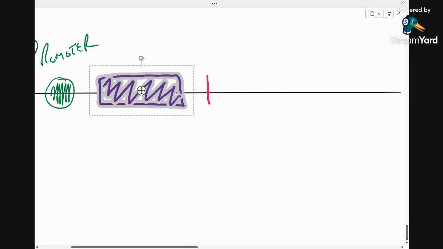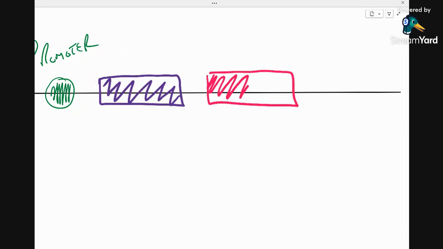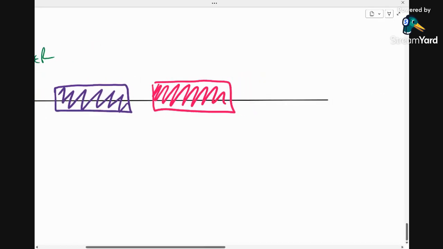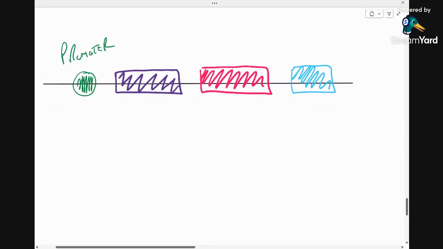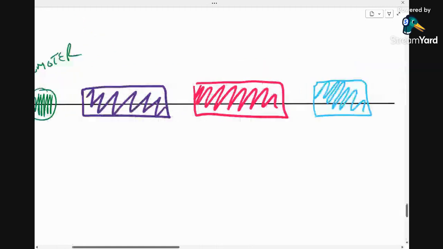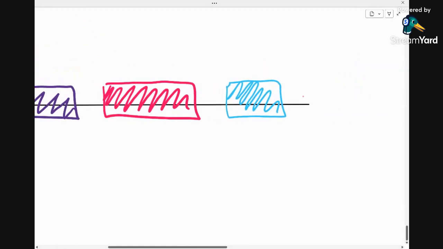So let's say there's a pink one. And for the sake of making it a bit more complicated, let's say there's a slightly smaller light blue gene here. And the key thing is that the terminator is, as we know, at the very end. So this is the terminator.